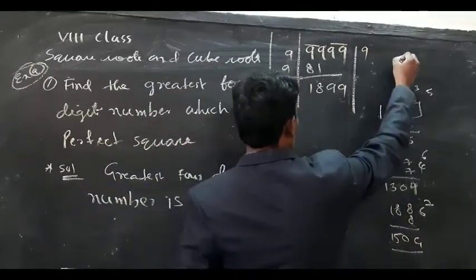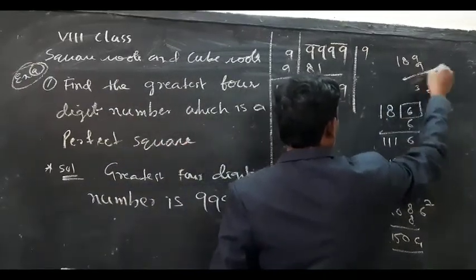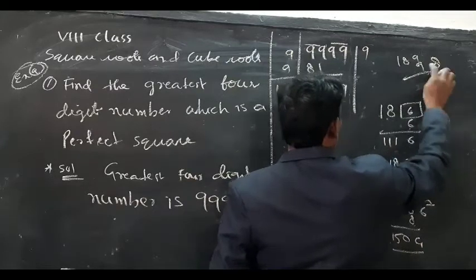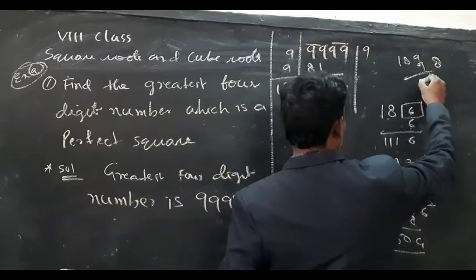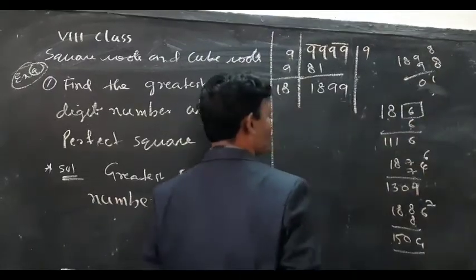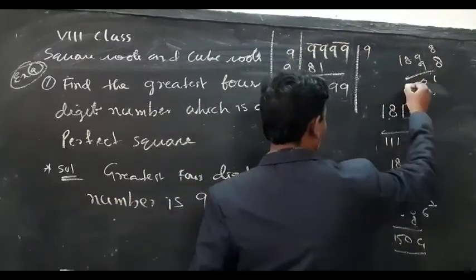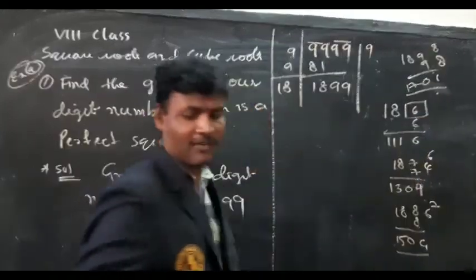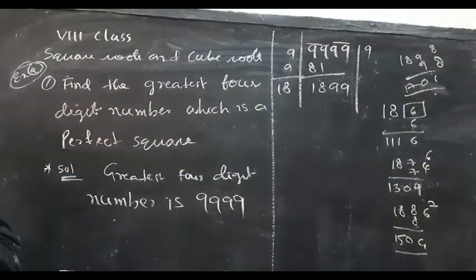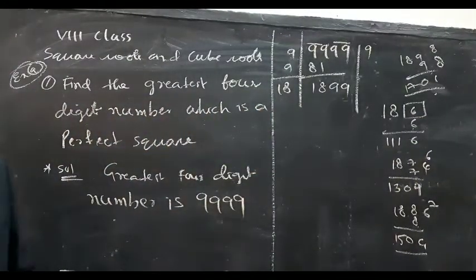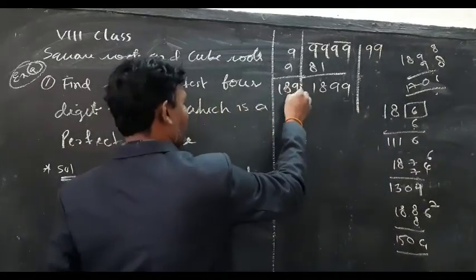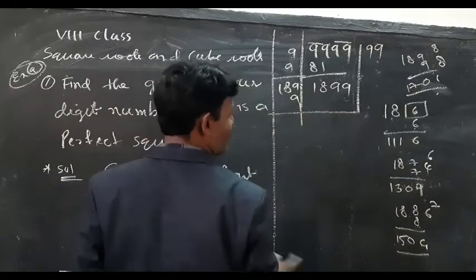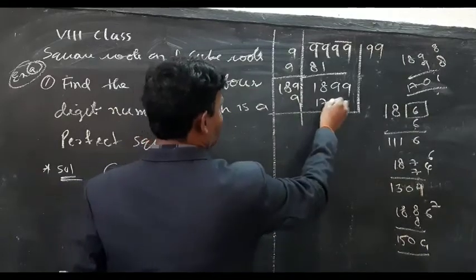Now try with 9. 9 9s are 81. 9 8s are 72. 72 plus 8 is 80. 9 1s are 9. So what is the answer? 1701. So it is better to take 9 here, 9 here and 9 here. What is the answer? 1701.